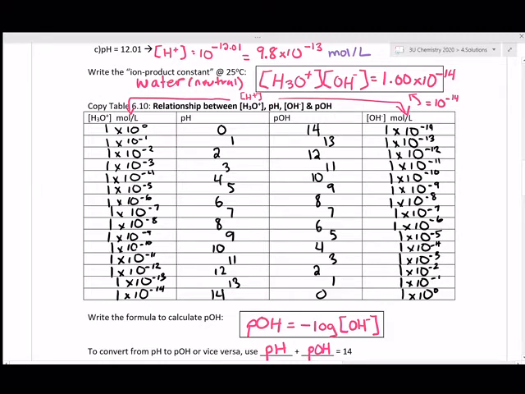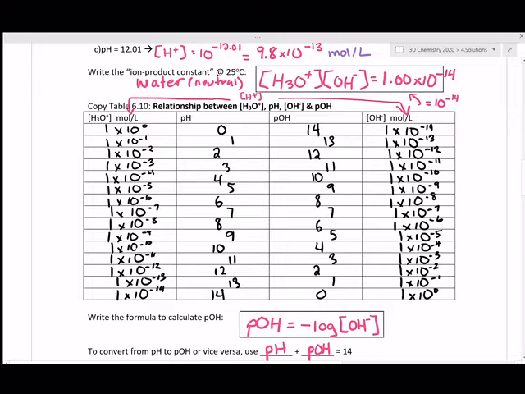So this is a chart you could copy from your textbook, but I just want you to notice a couple things. Anytime you have 10 to the 0, it's just like saying 1. So this would be saying the concentration is 1 mole per liter of hydrogen. That is a high concentration. That's going to result in a very low pH of 0, so very, very, very acidic.